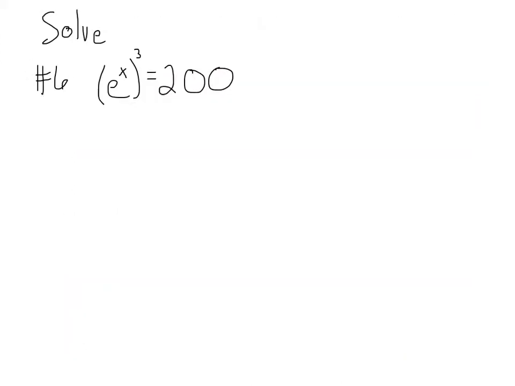Okay, so this isn't an application problem, but I still want us to solve it. These start to get a little bit trickier. So how would you solve this one for x? Well, x is in the exponent, so we're going to end up having to take a log or a natural log on both sides. Now, here we have a power to a power. That means this really says e to the 3x power equals 200.